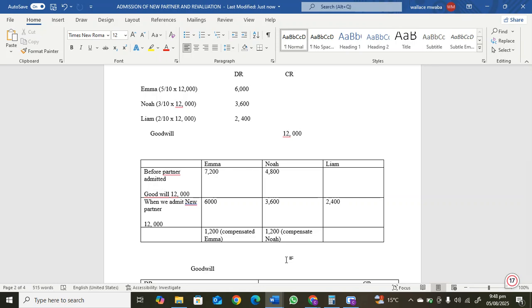So for bringing Liam in, Liam has to compensate these guys because their share of the goodwill has dropped. So that drop of their share needs to be given to them. And when we reach the capital accounts, you're going to see that Liam's capital balance is going to drop by 2,400, meaning he is compensating Emma and Noah. Any questions, colleagues?